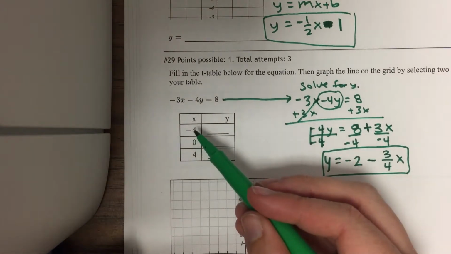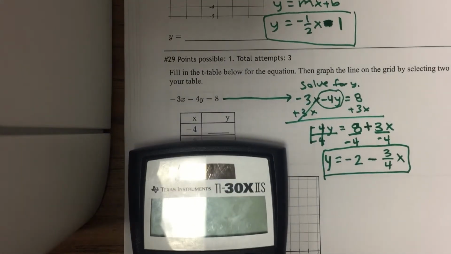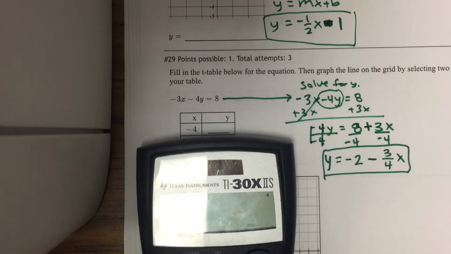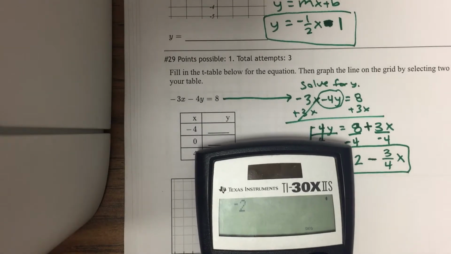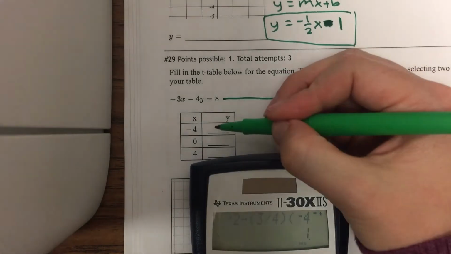Now let's plug these in. I'm going to show you on the calculator how to make it nice. So we're plugging in -4: -2 minus my fraction, which is 3 divided by 4. Notice I put parentheses to say that they're together, it's a fraction. And they want me to plug in a -4. My solution is a 1.